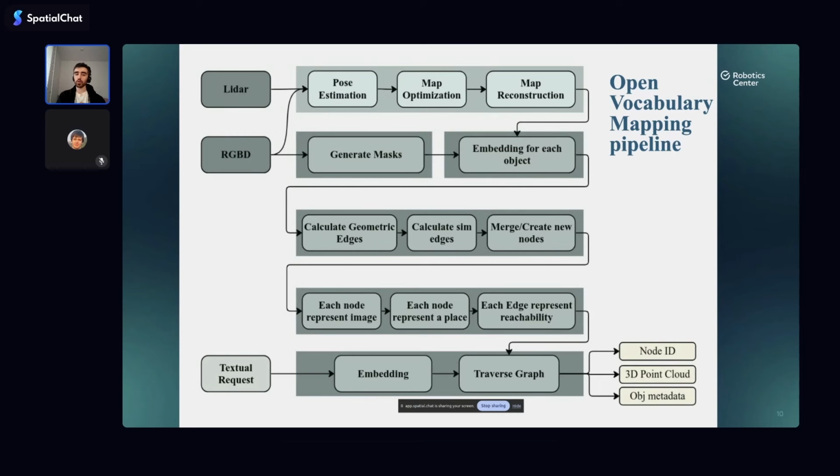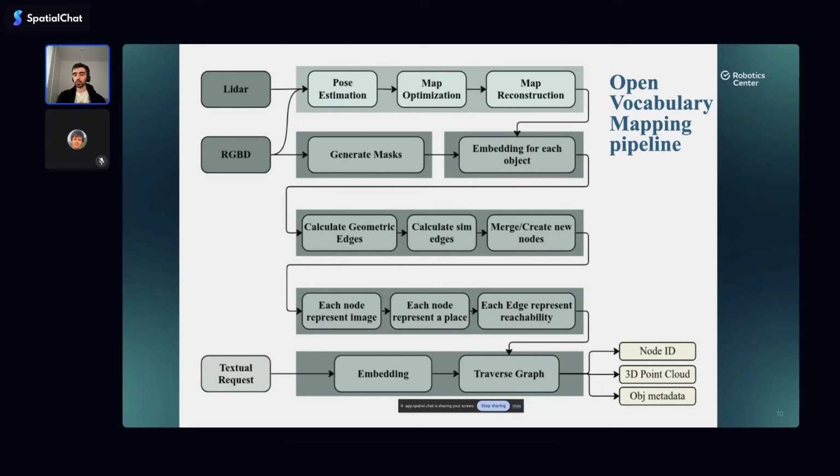We have a set of objects that have a specific 3D point cloud and some embedding in a textual-visual embedding space. We can fuse these objects by calculating the geometric similarity and the cosine similarity between these features, and merge or add new objects to this graph as we go frame by frame.